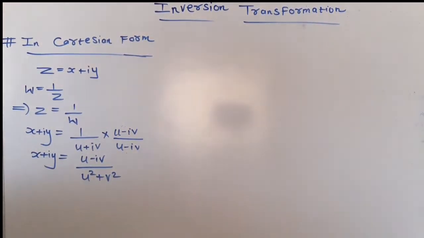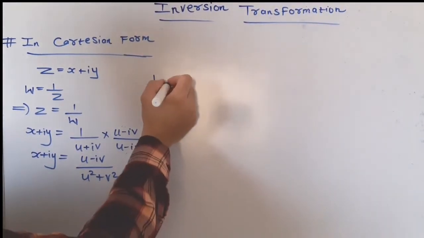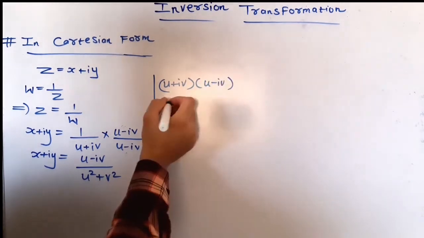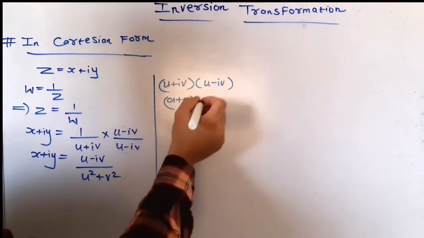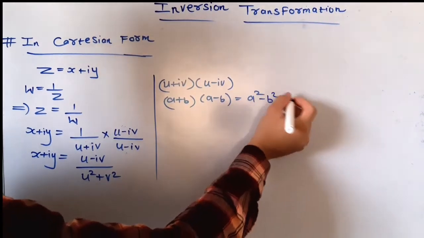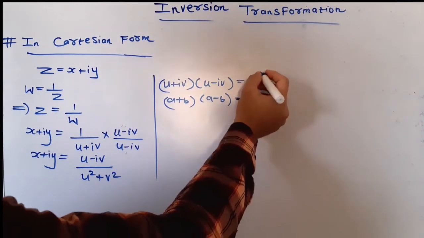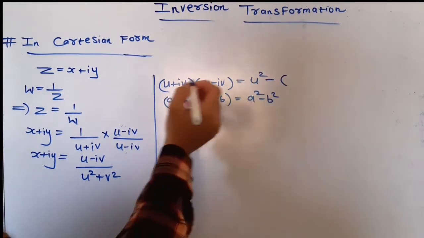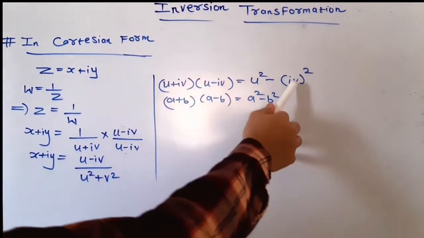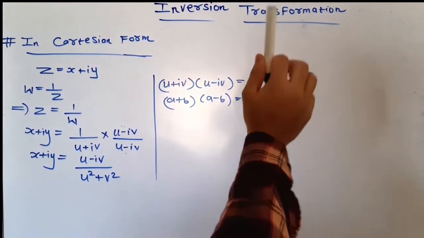Now I will show how this u square plus v square came. We have u plus iv into u minus iv, which is like a plus b into a minus b. What is a plus b into a minus b? It is a square minus b square. Similarly here a is u, b is iv, so it is u square minus iv the whole square. Now i square is minus 1, so minus minus becomes plus, so it is u square plus v square.